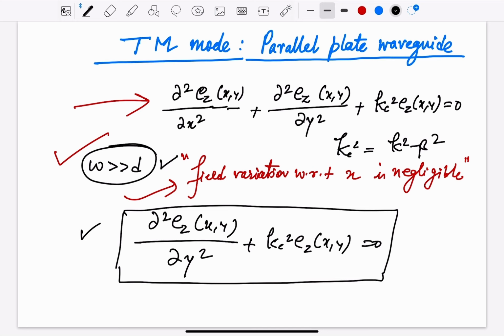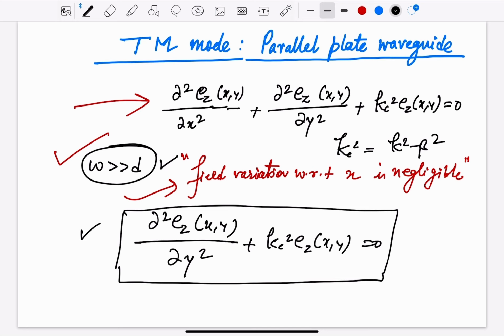Another is Hy, so this is minus j omega epsilon over kc square, and differentiating with respect to x, yes, this is 0. And the last one is Ey, equal to minus j beta over kc square dou Ez over dou y.